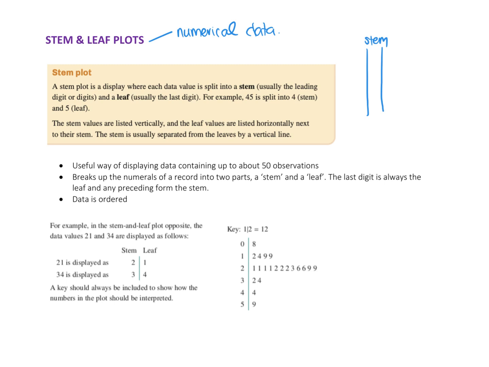So I'm going to say for an example, I might put these stems in there. So you go from smallest to largest going down. And then say we had a set of data.